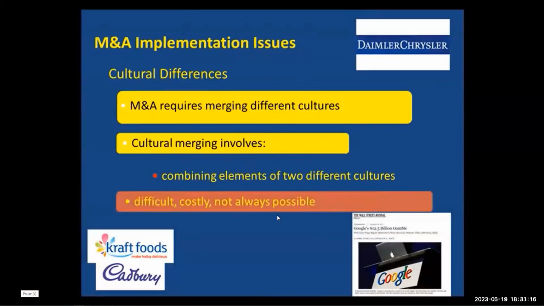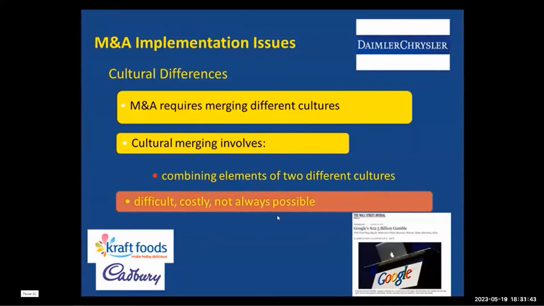We do know in the case of Kraft that Cadbury has fought this over in the United Kingdom because they're not happy about an American company buying out their company, and many are unsure about their stability as an organization going forward. Thinking Kraft might take the chocolate company and move it back to the United States. So it's difficult, costly, and it's not always possible to pull off a merger and acquisition from the implementation side.